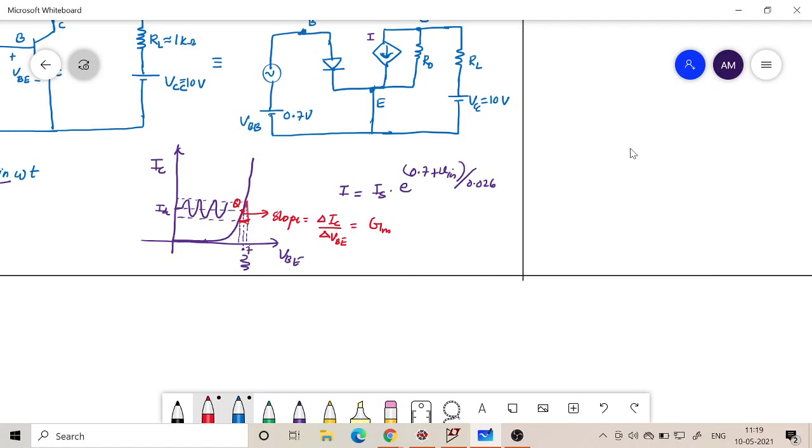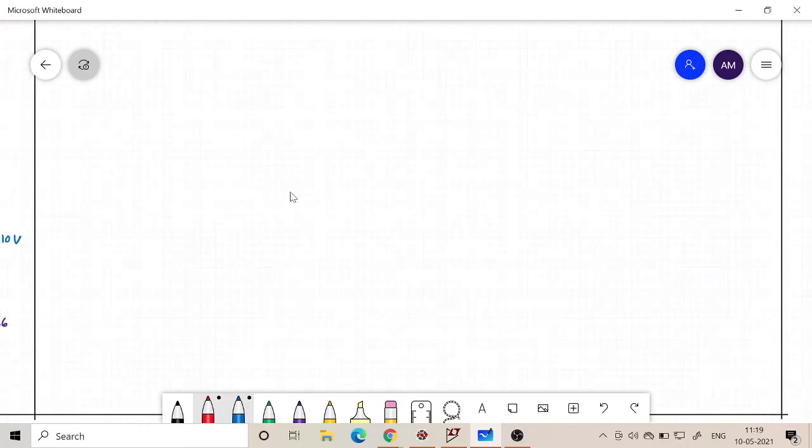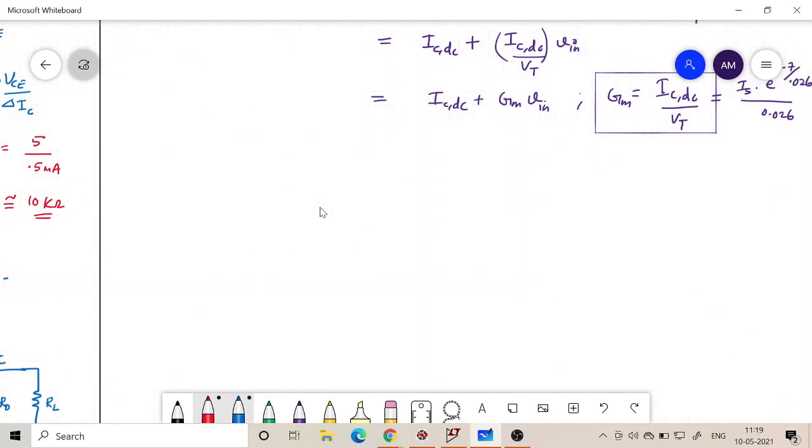I will prove this by expression also. Alternatively, I can say GM is basically the slope of the transfer characteristics. In the transfer characteristics, we plot IC versus VBE, input voltage and output current. So I can say this is dIC by dVBE.